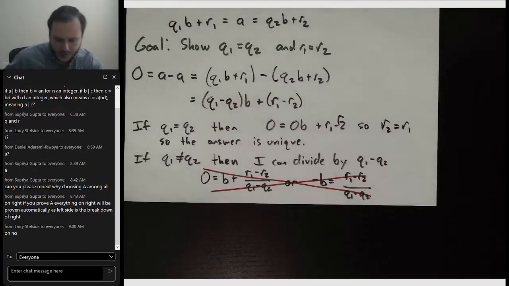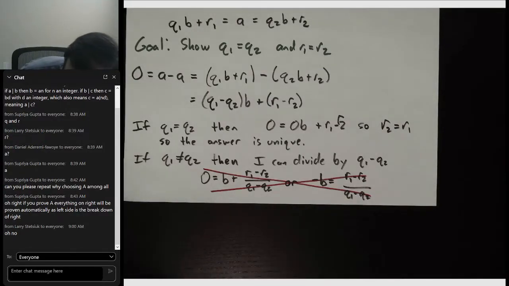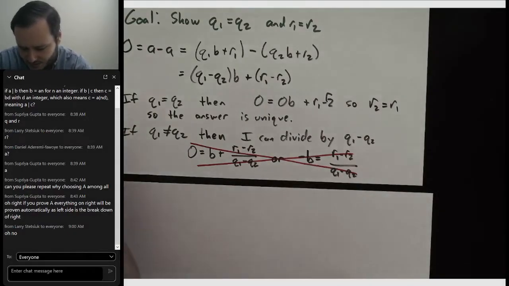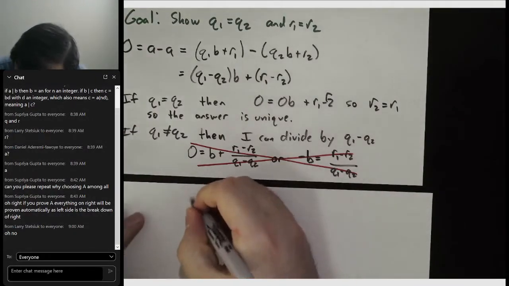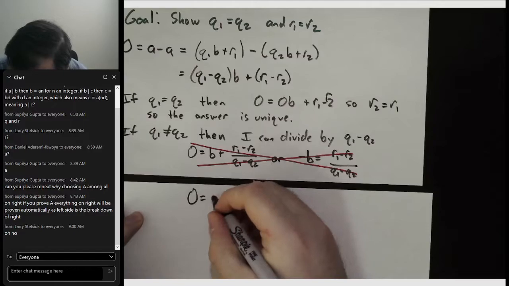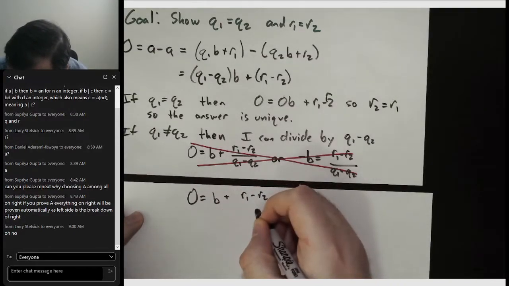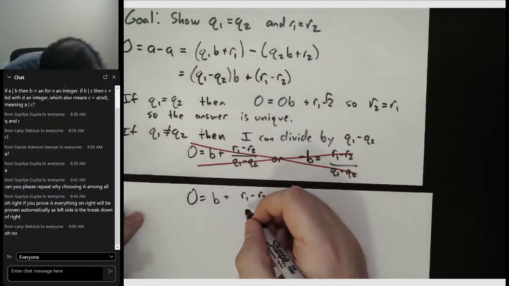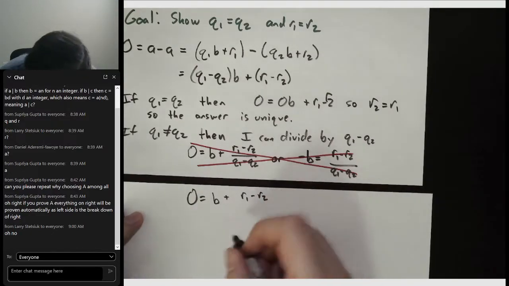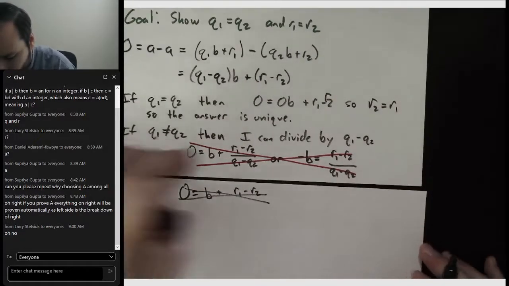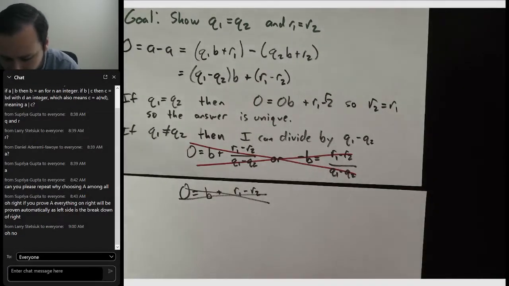I want to just rearrange that slightly. 0 is equal to B plus R1 minus R2 over... sorry, it's not Q1 minus Q2 I want to divide by, it's B that I want to divide by.